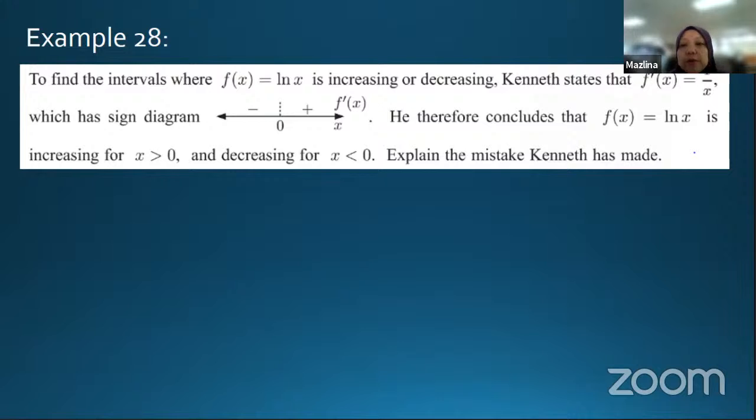He therefore concludes that fx is equal to ln x is increasing for x greater than 0 and decreasing for x less than 0. Explain the mistake Kenneth has made. Okay, what do you think? Can someone give the answer?